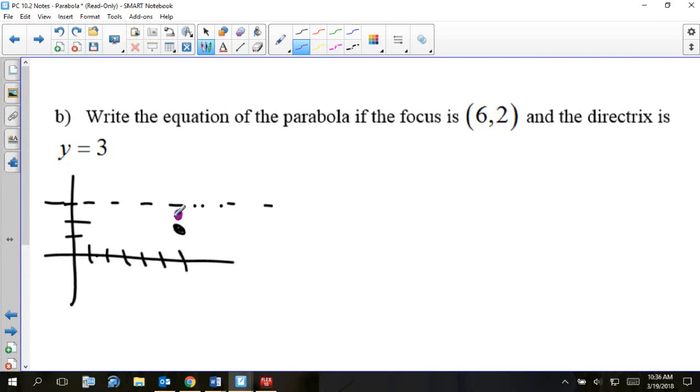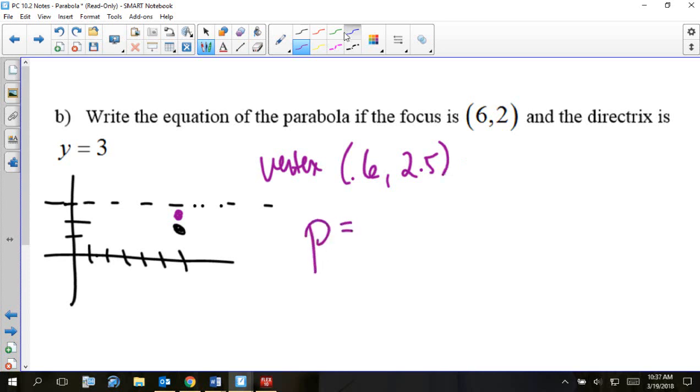So the vertex has to be exactly in between those. So I know the value for the x is at 6, and going up past 2, less than 3, right in the middle: 2.5.